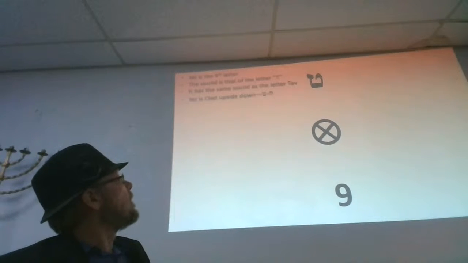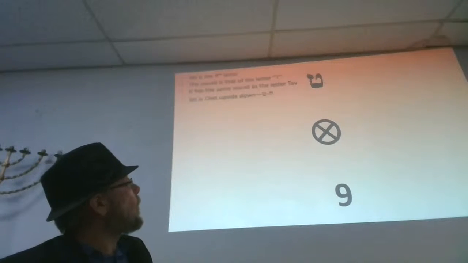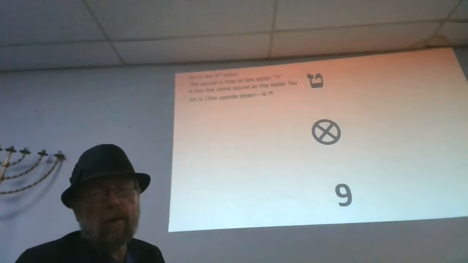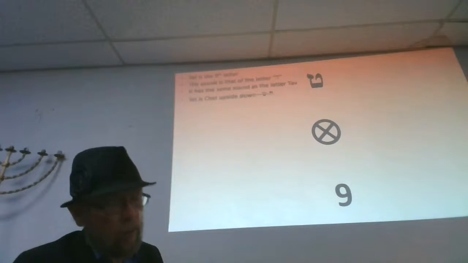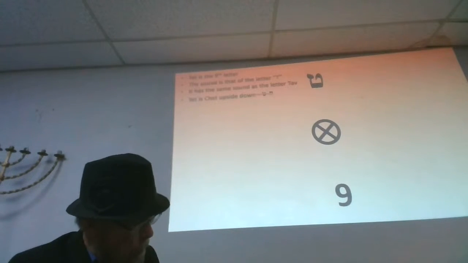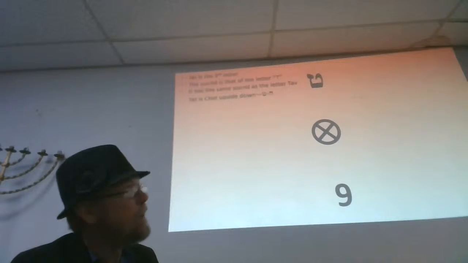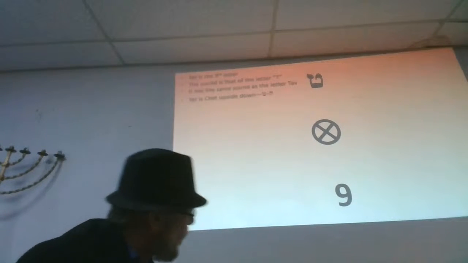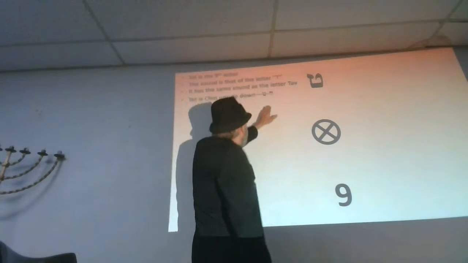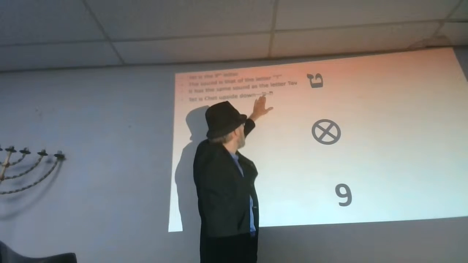So Tet, simply put, and we're going to see in a few minutes how all of this works, is the Chet upside down. It is an upside down Chet. Here you have the letter Chet, and here you have the letter Tet.